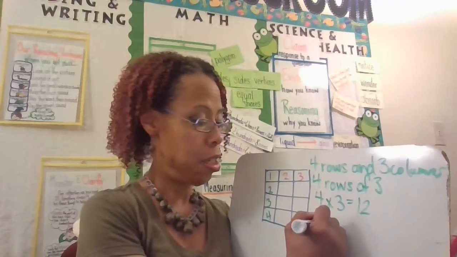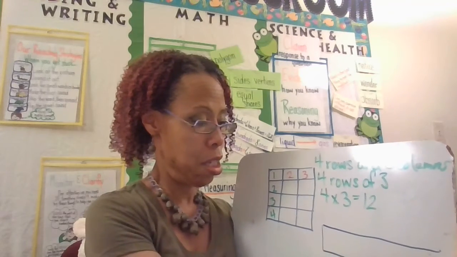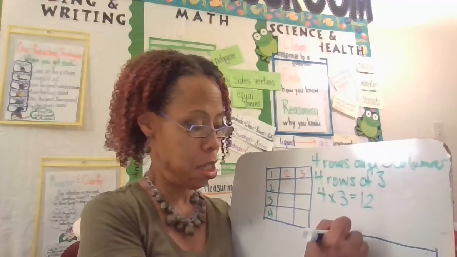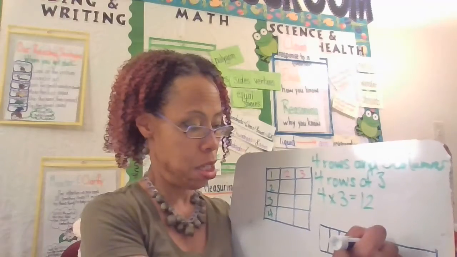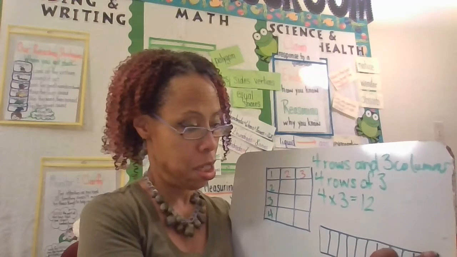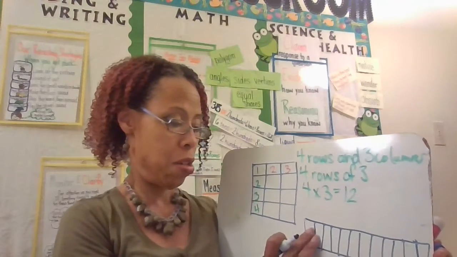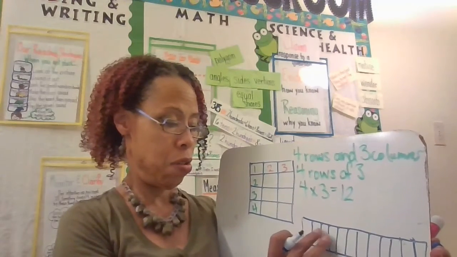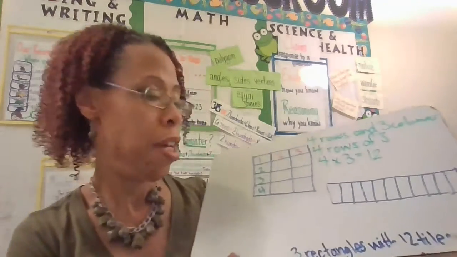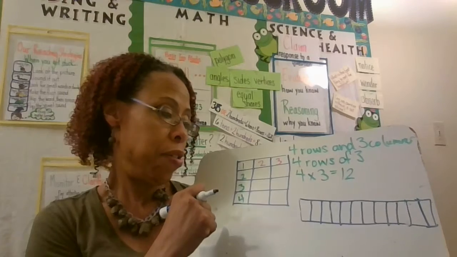Let's see. 2, 4, 6, 8, 10, and 12. All right, so I know I just drew through 3 lines, and that would create 12 sections.